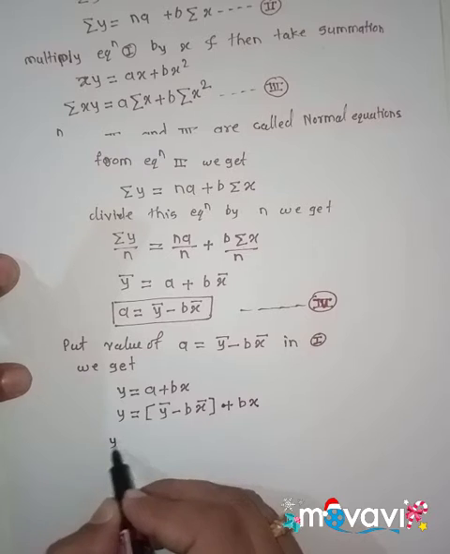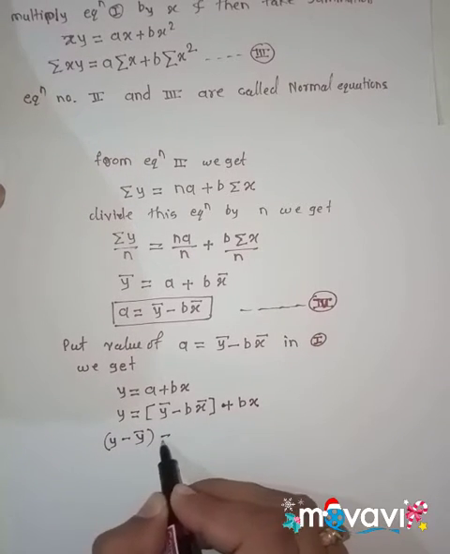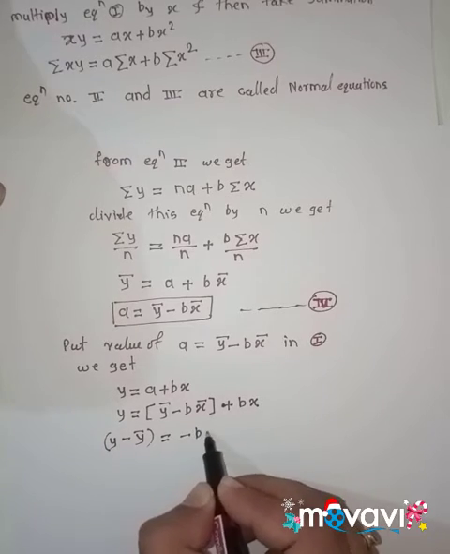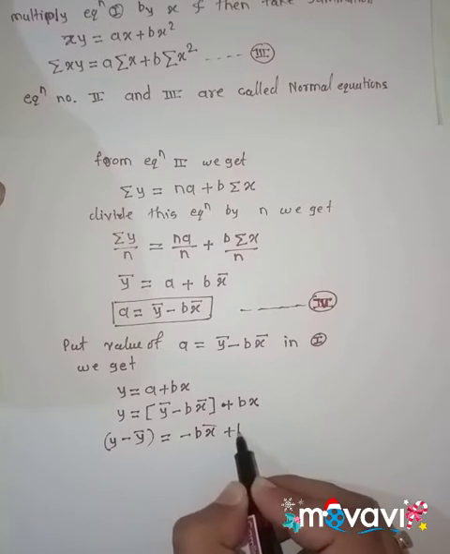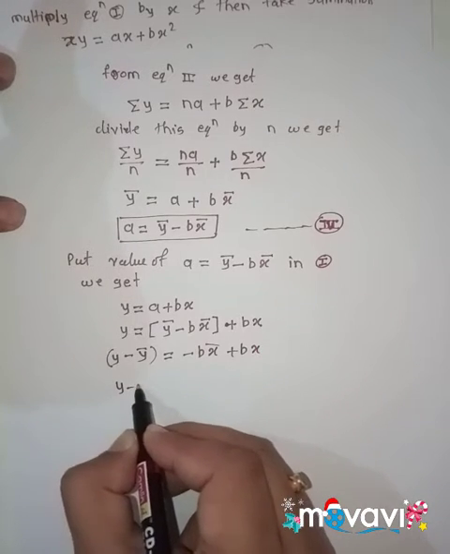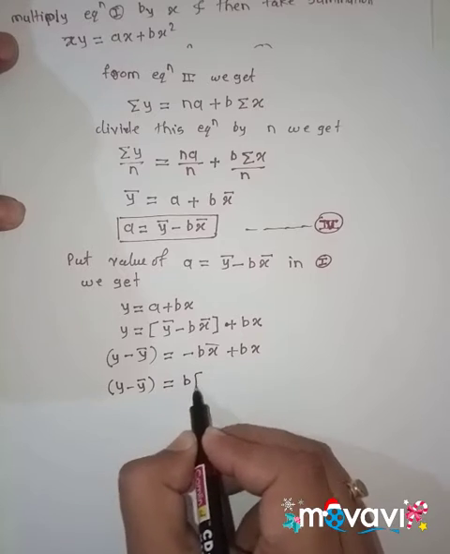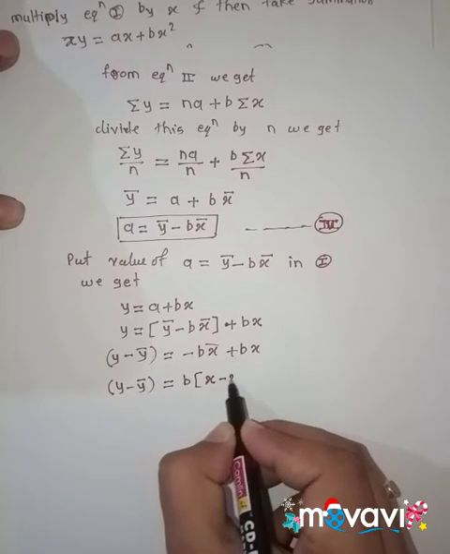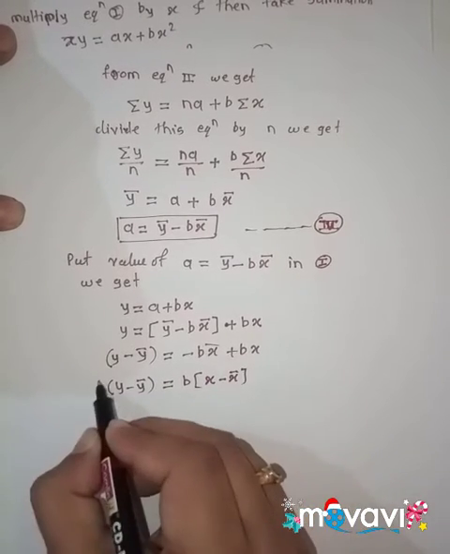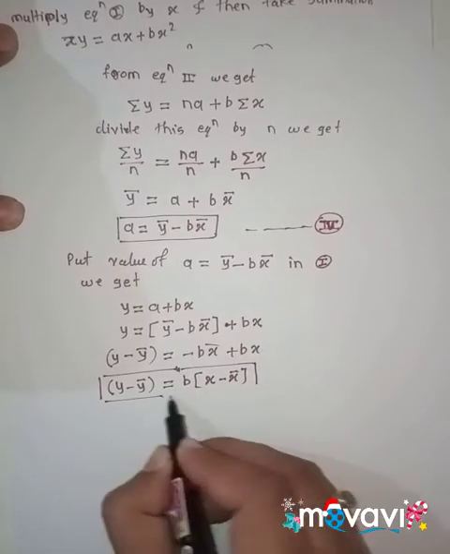If we simplify this, we get y minus y bar is equal to minus b x bar plus bx, or we can write this as y minus y bar is equal to b in bracket x minus x bar. So this is the regression equation y on x.